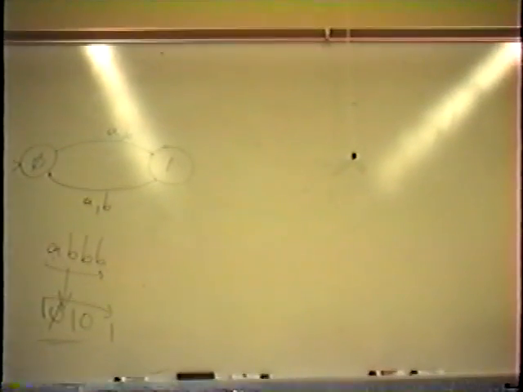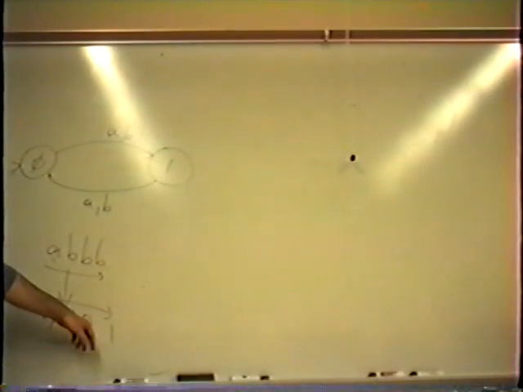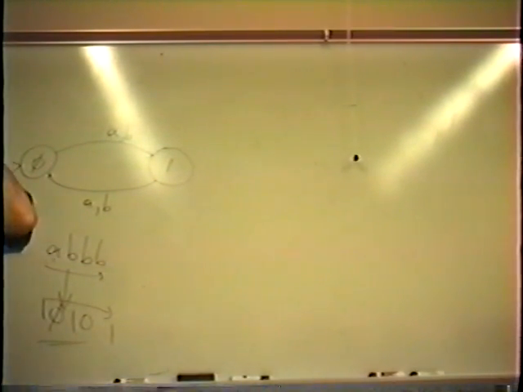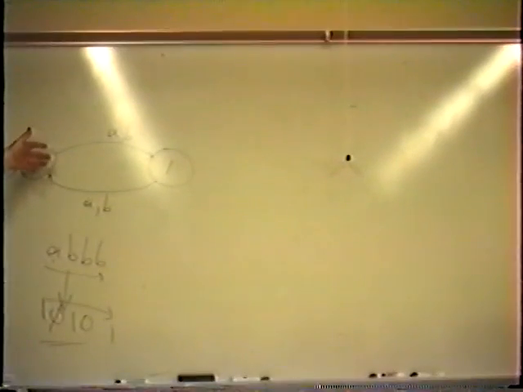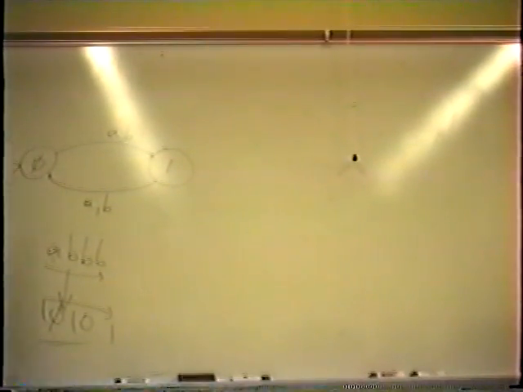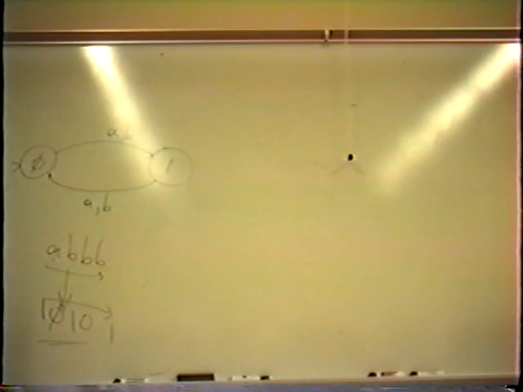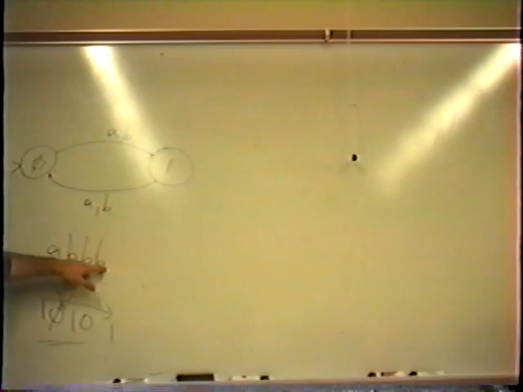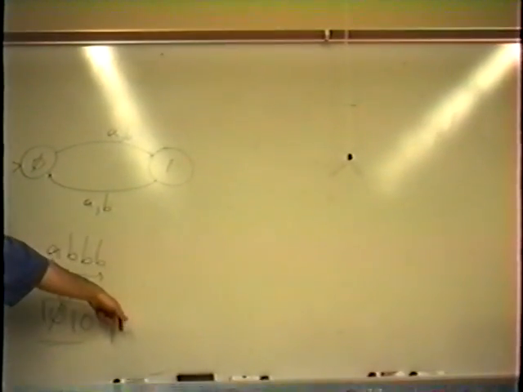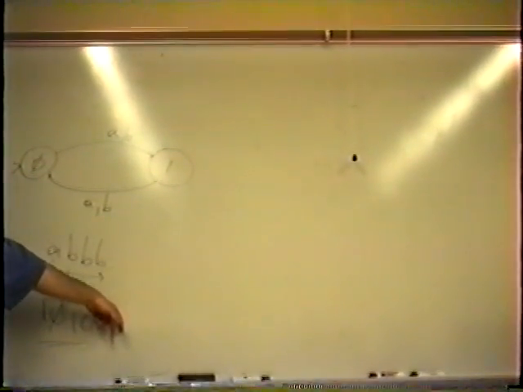Okay. If you look at the last digit, when will the last digit be 1 and when will it be 0? No, the empty string will not produce any output because with the empty string you're here, you cannot go anywhere. The rule is you read something, you visit the state, and then you produce the specified output. The empty string doesn't do anything for you. But let me ask you this. This has even length, right? What will the last digit of the output be, 1 or 0? 0.